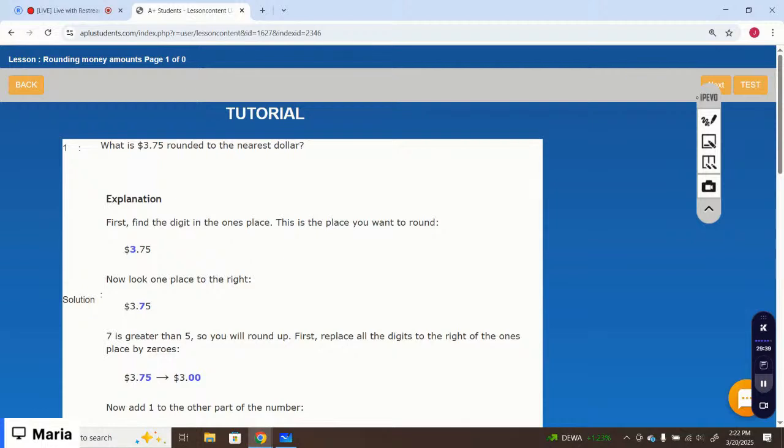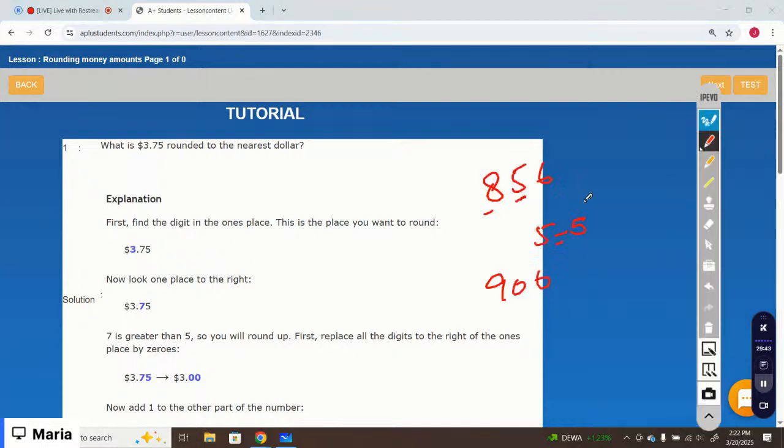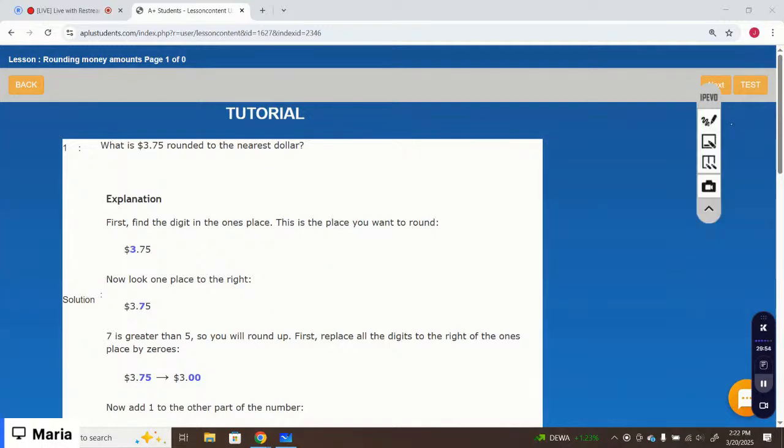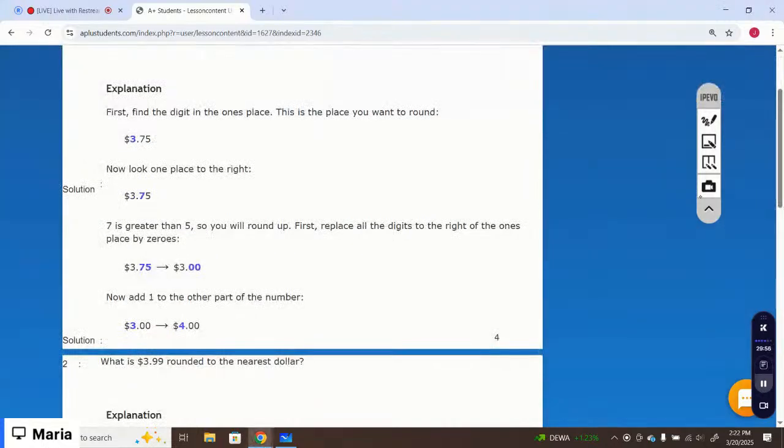Nearest dollar means you need to round to the whole number. 3 is the whole number, and on the right hand side of the 3, we have 7. 7 is greater than 5, so you need to round up. Round up means you need to add 1 to the whole number digit. So it would be rounded to 4.00.